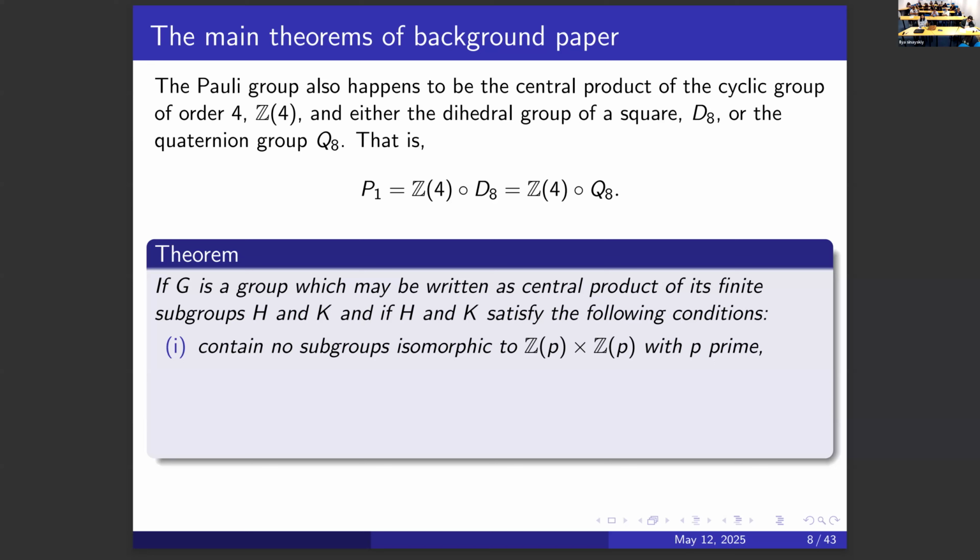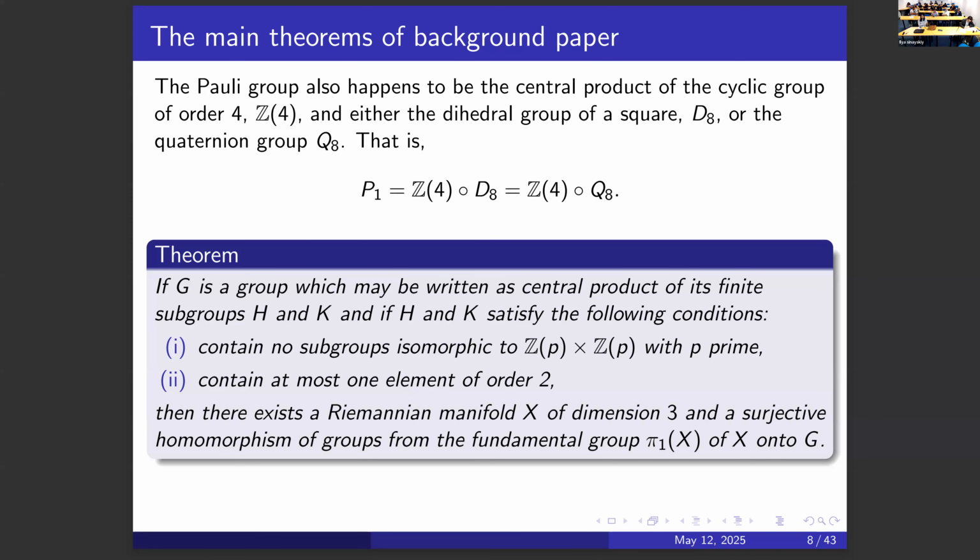So both H and K cannot contain these subgroups. And also that both H and K contain at most one element of order 2. Then I can guarantee you a Riemannian manifold X of dimension 3. It's actually also compact, as we mentioned, and a surjective homomorphism from the fundamental group of that Riemannian manifold onto G.